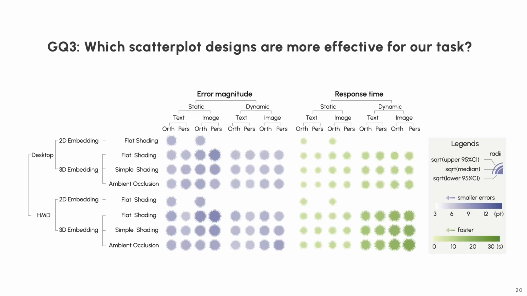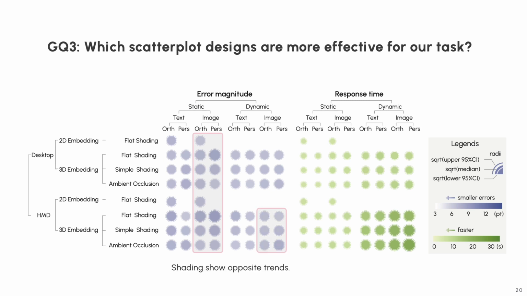Last, we closely look at 52 experimental conditions, or say 52 different scatterplot designs. We extract their posteriors and then use the medians to plot this figure. It visually summarizes all the effects. For example, for image dataset and static conditions, we found that adding shading progressively decreases error magnitude.